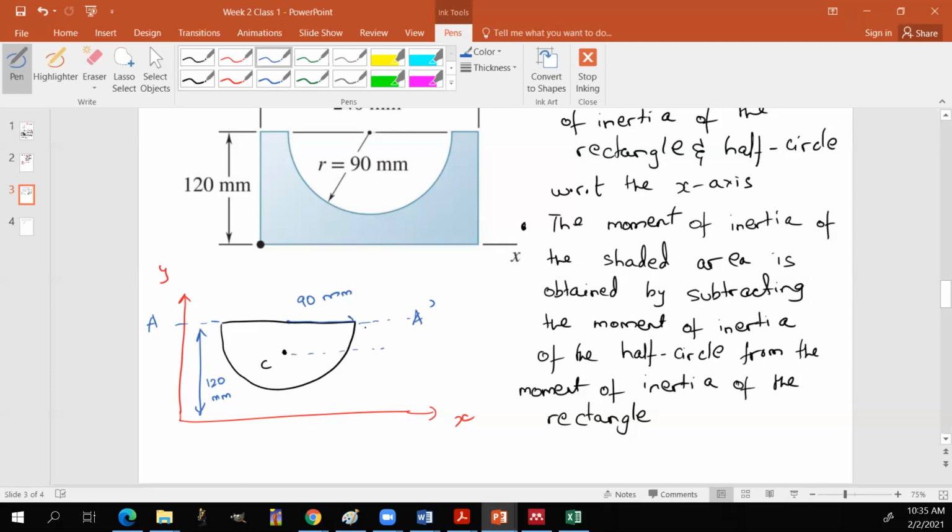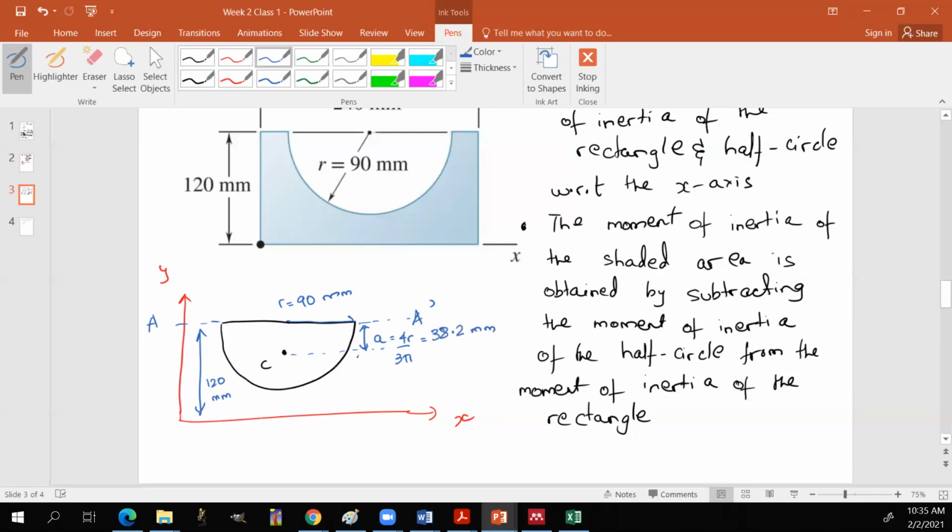So the location of the centroid we know is 4r over 3 pi, right? So that is, let's call that dimension A, right? That is equal to 4 r over 3 pi. So how much does that turn out to be equal to? 38.2 millimeters, right?